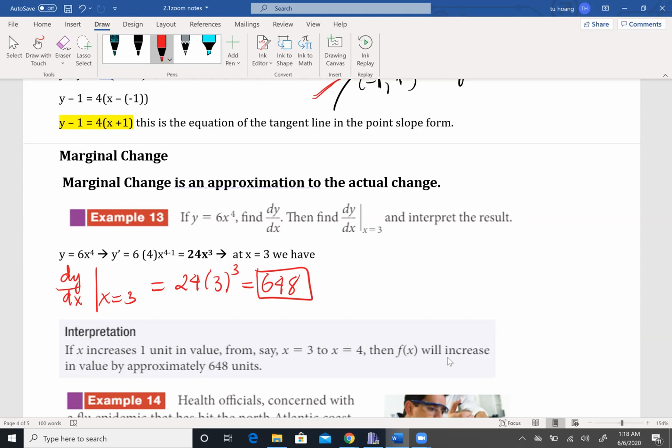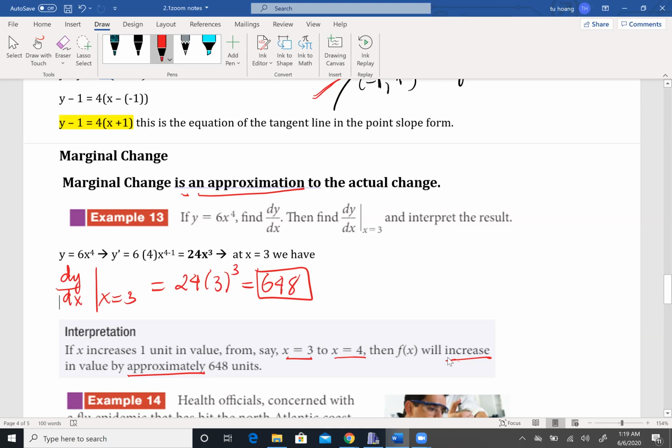In order to interpret the result, you're going to say if the value of x increases 1 unit, from x equal to 3 to x equal to 4, then f(x), or the y, will increase approximately. In this one we are doing an approximation for the actual change.